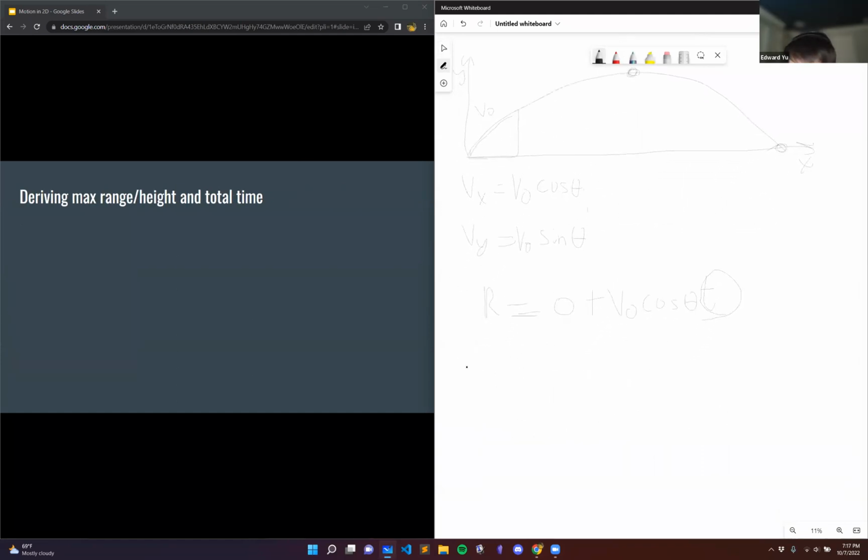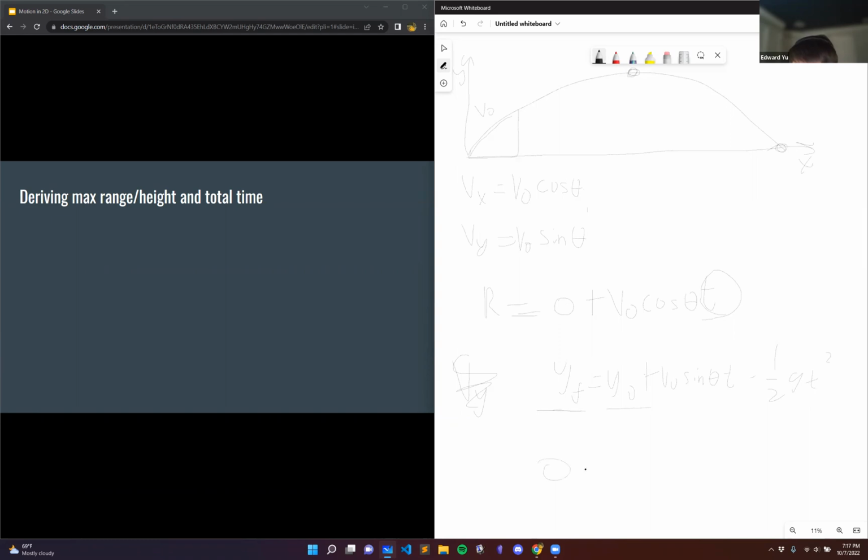We can find time by using the y instead. So y final is equal to y initial plus v sine theta t, and then minus 1/2 gt squared. We know this equation already. So y final is equal to 0, y initial is equal to 0.